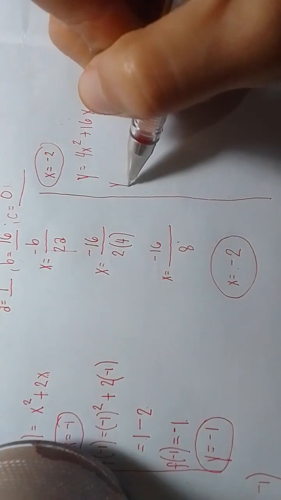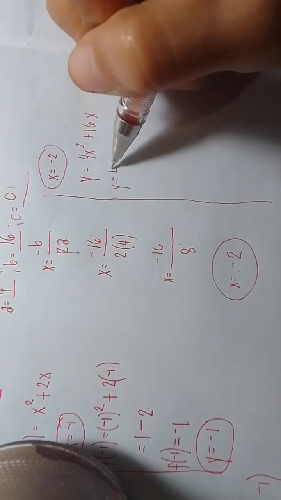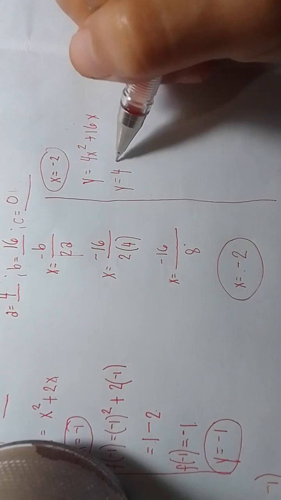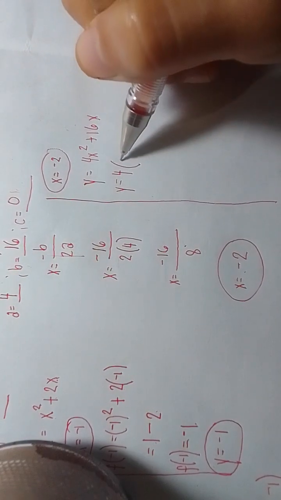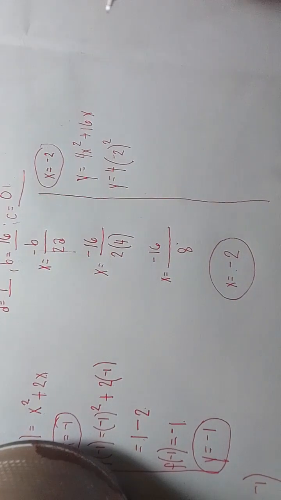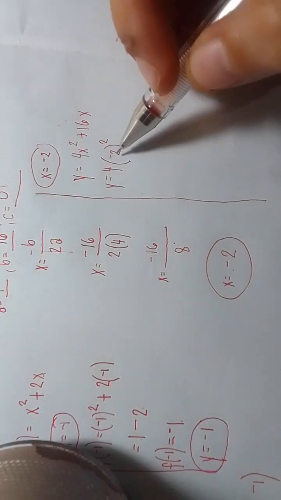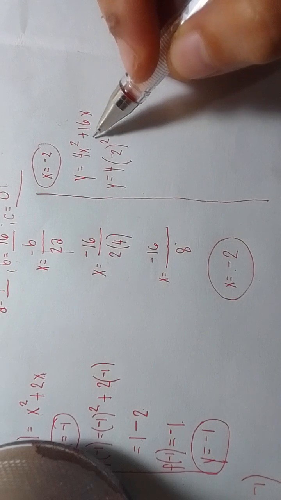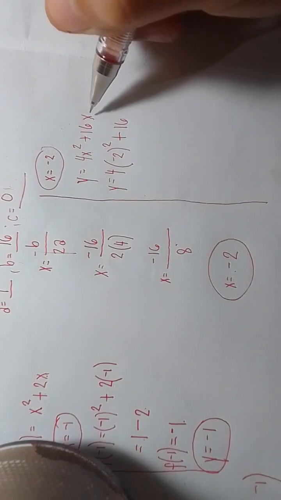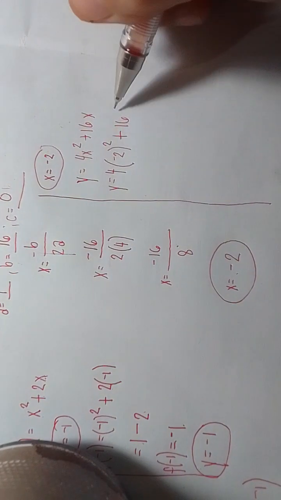So, substitute y is equal to, copy 4. The next is x. So, substitute x is negative 2. Parenthesis as always, negative 2 to the power of 2. Raise to the power of 2 the x, which is negative 2. Next, plus sign, plus 16. Then x, so replace it with negative 2.